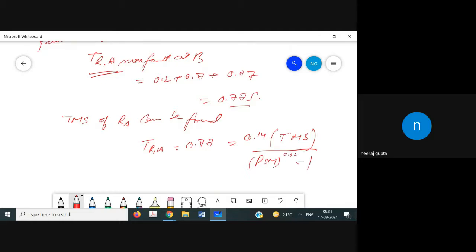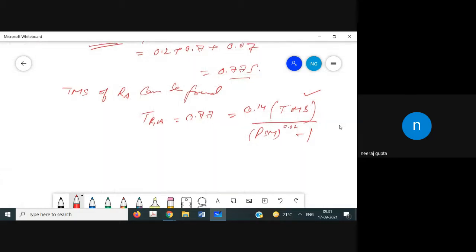So we have to calculate the TMS, the time setting multiplier, and the plug setting multiplier. As we already know, the maximum current across this relay is 3000 ampere, and the plug setting in this case is 1.